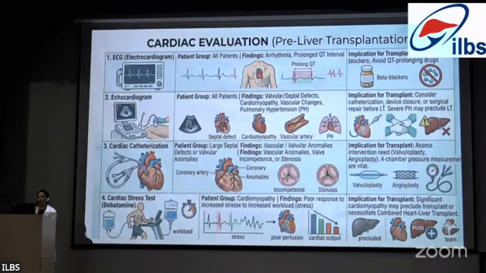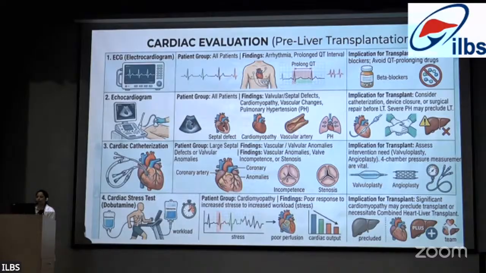Now coming to cardiac evaluation. So all patients undergo ECG and echo. In echo, we screen for valvular or septal defects, cardiomyopathy, or POPH. If patients have any of these problems, then we should go for cardiac catheterization, device closure, or surgical repair.